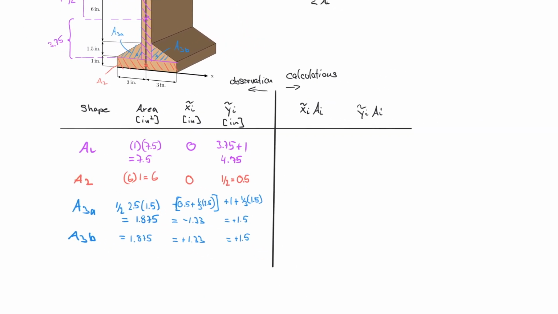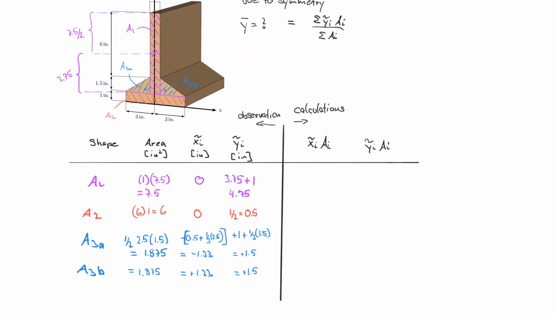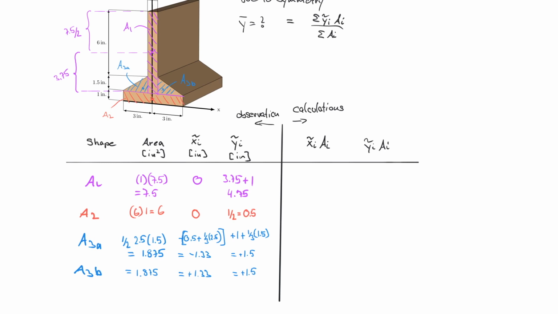So everything on the right side is really only plug and chug, and I can calculate that for you real quick. So obviously xi, which is 0, times the area is 0. Here the same thing, 0 times something is still 0. And then I multiply these values, and I'm gonna fill them in for you real quick.